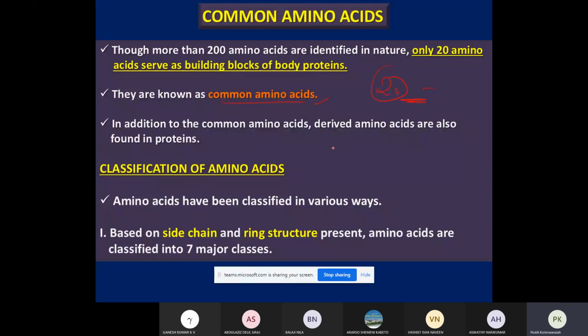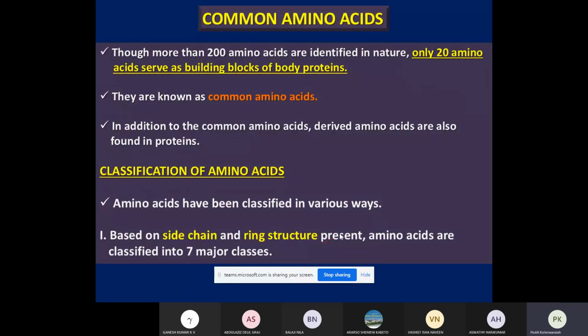These 20 amino acids are classified into different categories. Mainly they are classified into three groups based on their reaction in solution: neutral amino acids, acidic amino acids, and basic amino acids. In addition, amino acids are also classified based on the side chain and the ring structure present, into 7 major classes.